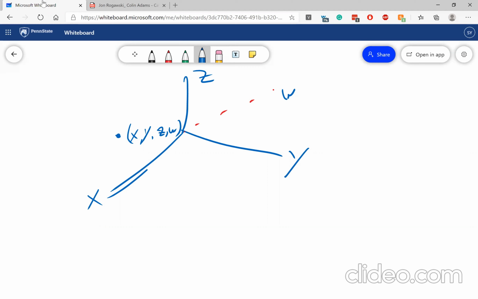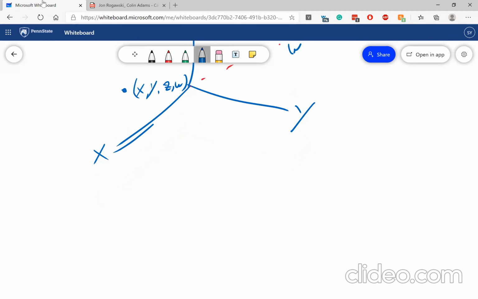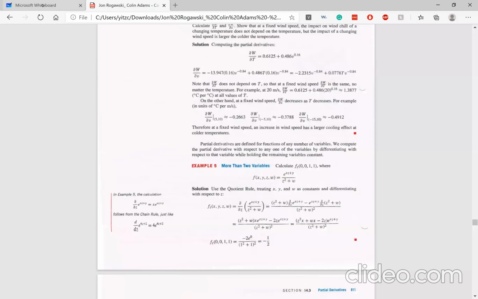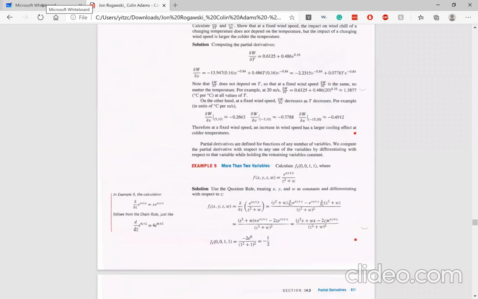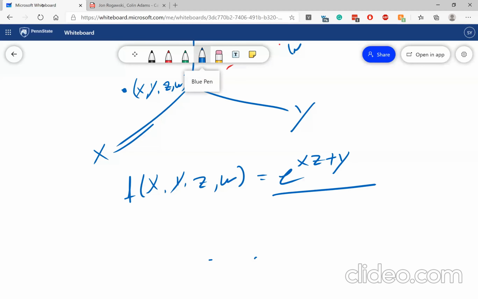So in our case, we have f of x, y, z, w is equal to (e^(xz) plus y) over (z squared plus w). Good.